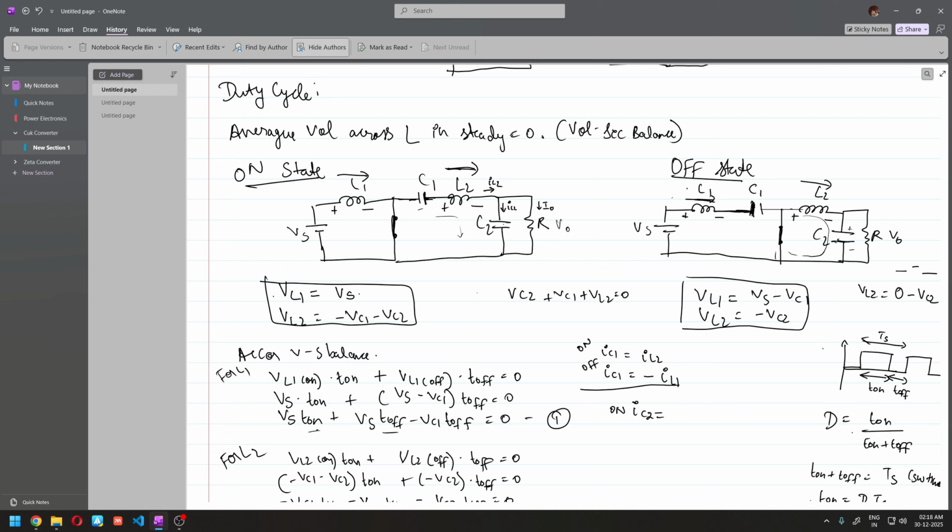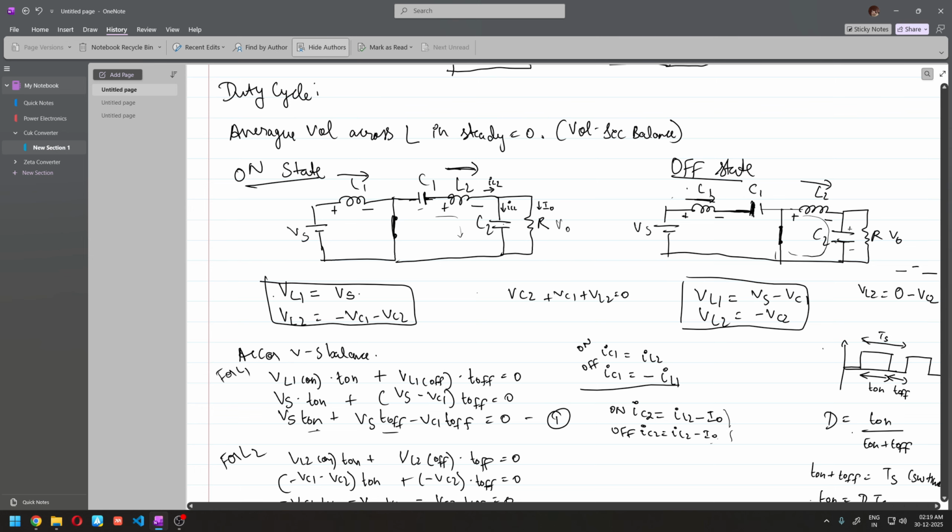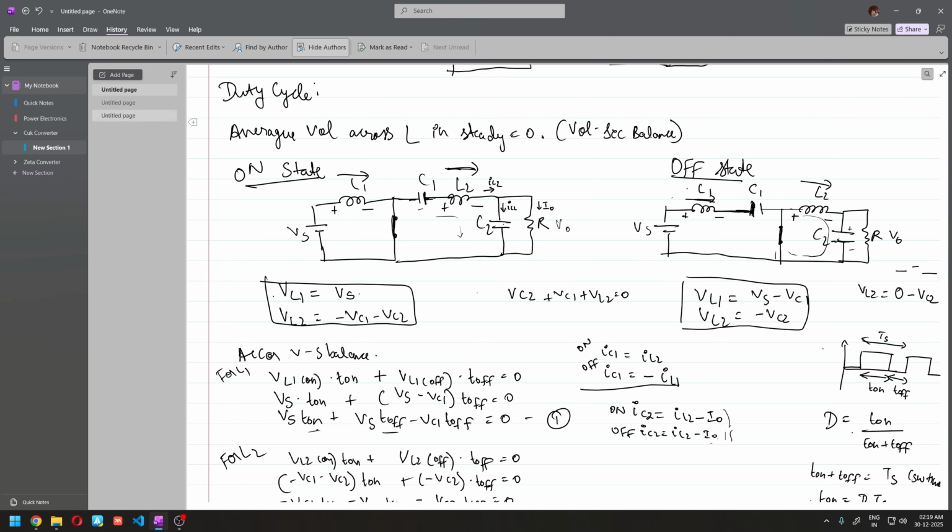So your IC2 is basically IL2 minus I naught, and in the off state IC2 is also IL2 minus I naught. So that remains the same, and from this equation we can also prove that this has continuous output current.